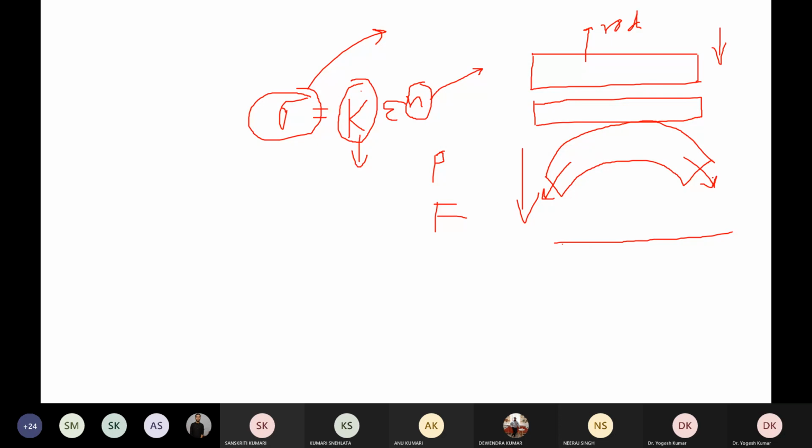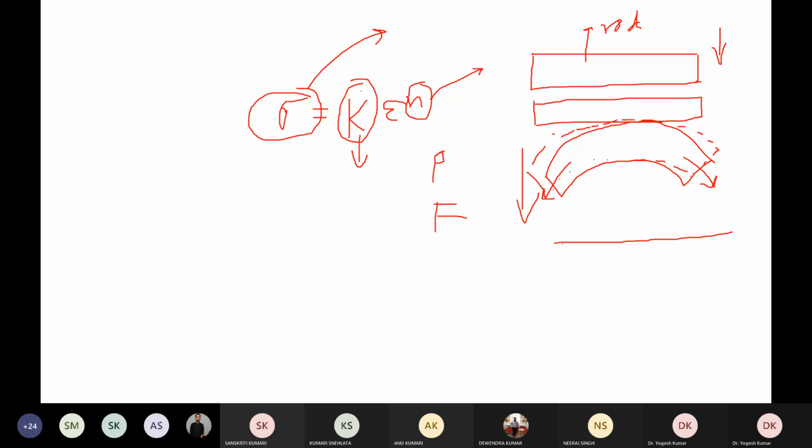Your material will not be in the same position where it was during the application of force. So it will go back by some extent.